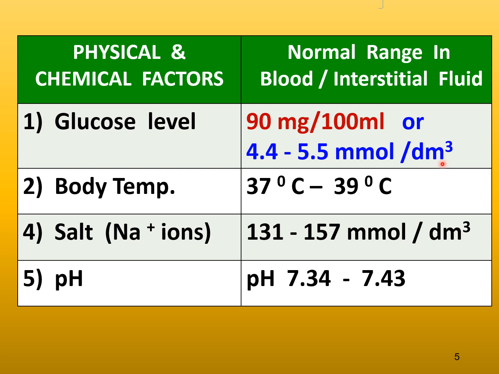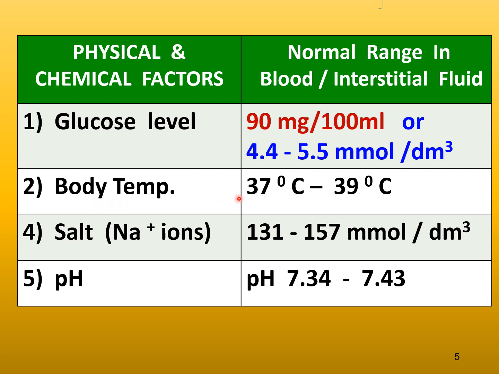And for diabetic people, those with diabetes mellitus, it can be around that high or higher, because those with diabetes mellitus, or penyakit kencing manis, do not produce enough insulin, or do not have enough insulin to convert the excess glucose in the blood into glycogen. So the blood glucose level for diabetic patients is normally higher than this normal range. Okay.